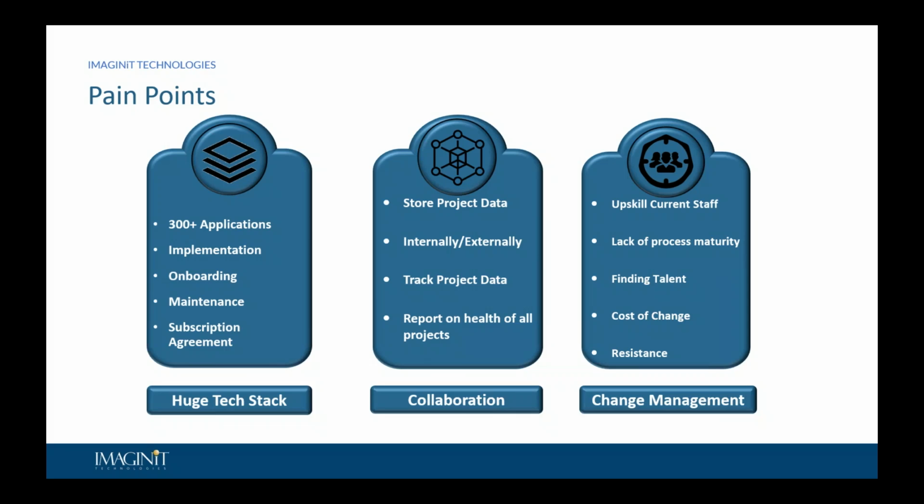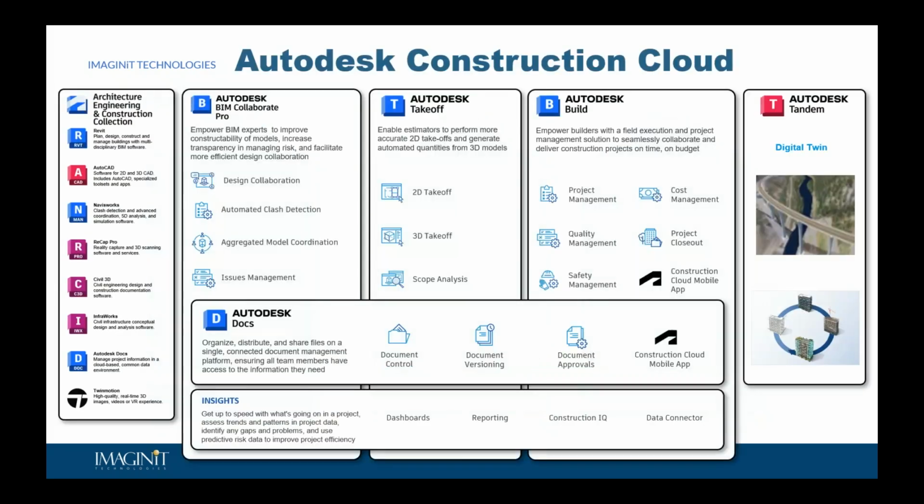And that's where the Autodesk Construction Cloud really comes into play. Autodesk has listened over the years and has created the Construction Cloud. It has been around for a while now, I think at least 3 years, if not 4, and it's the current platform being used.